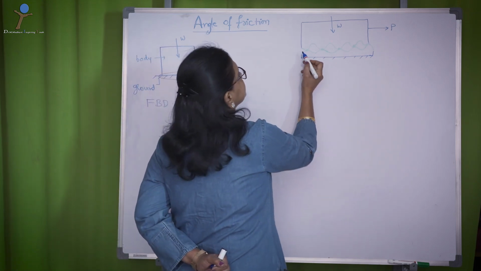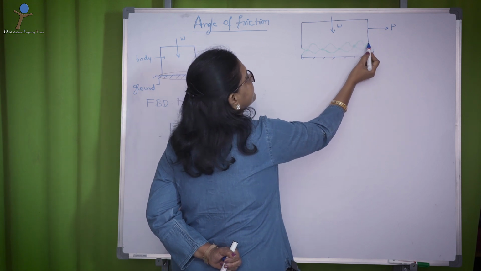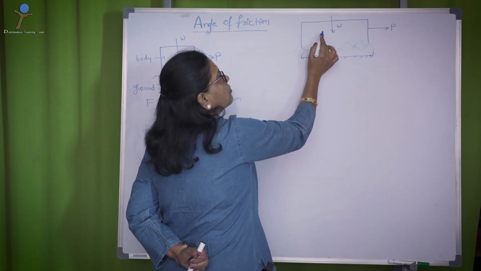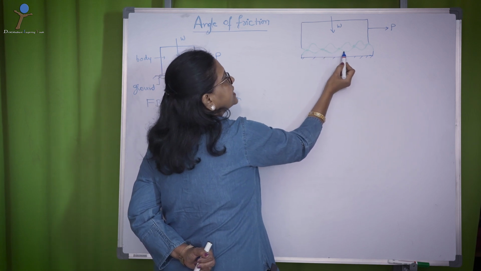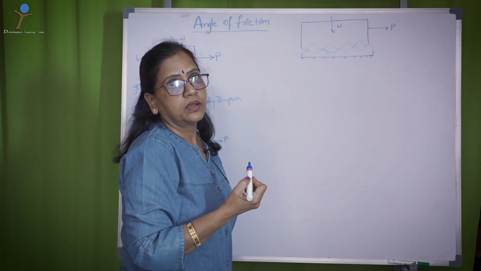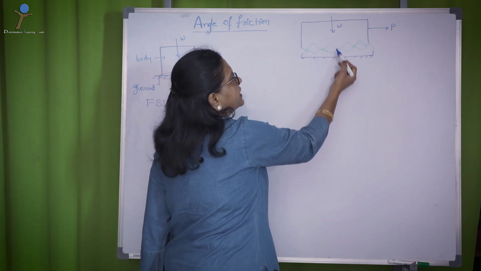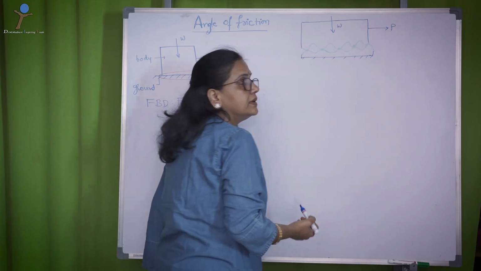So let us imagine these crests and peaks are the roughness underneath the body, and these crests and peaks are the roughness of the ground. Now once both are in contact with each other, you are applying the force P.